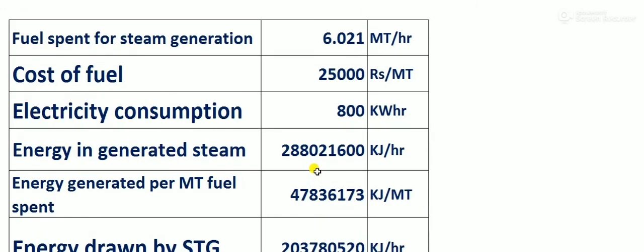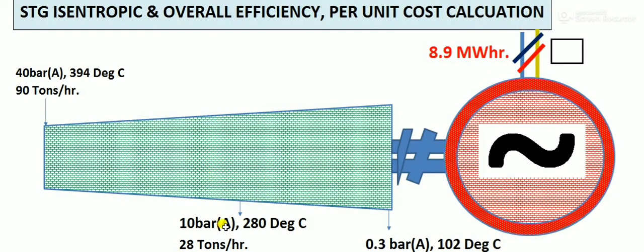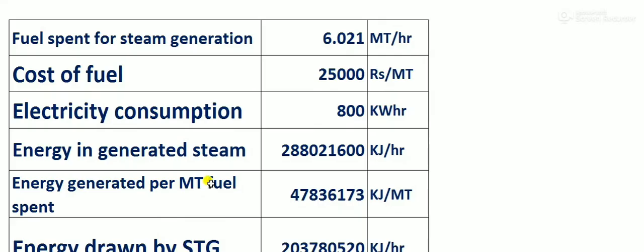Just a quick recap. We have the extraction cum condensing turbine, in which we are drawing steam energy also. This steam energy we want to subtract as the energy drawn by the STG. So the fuel spent, current fuel cost, and electricity self-consumption we need.